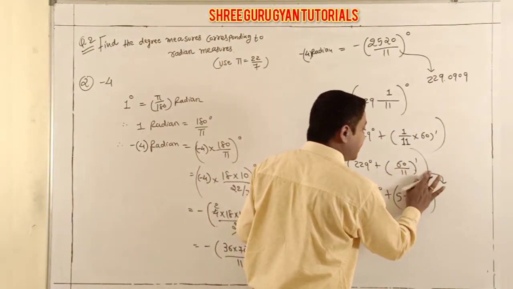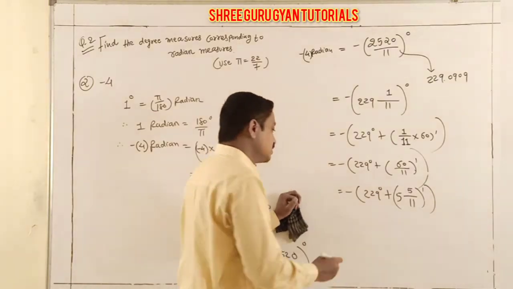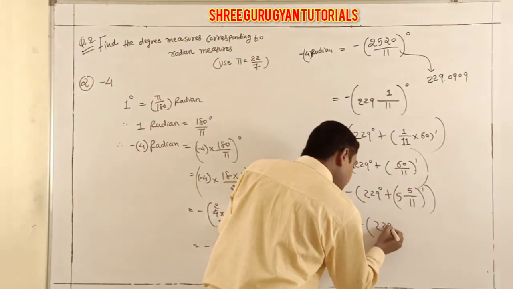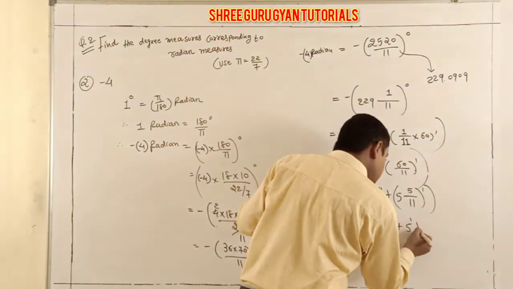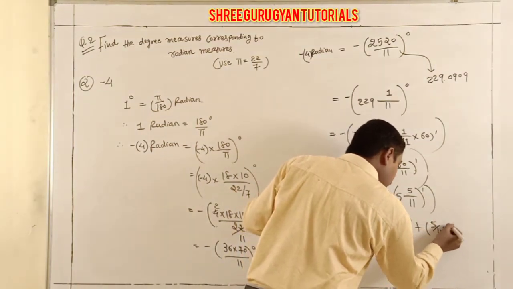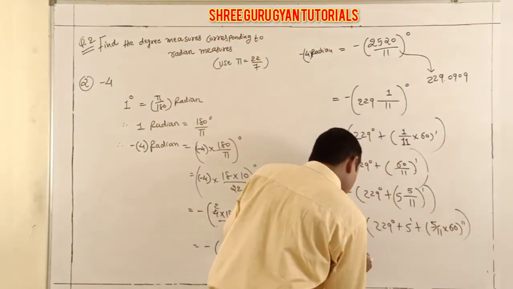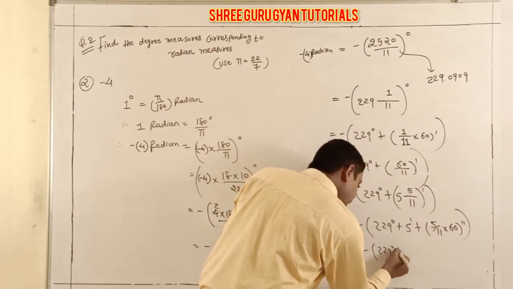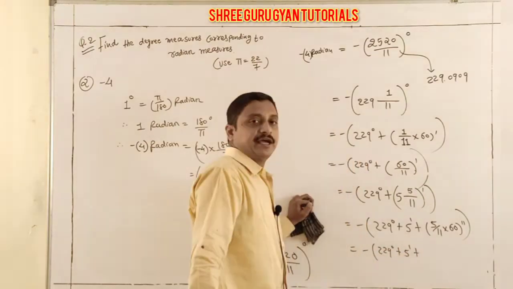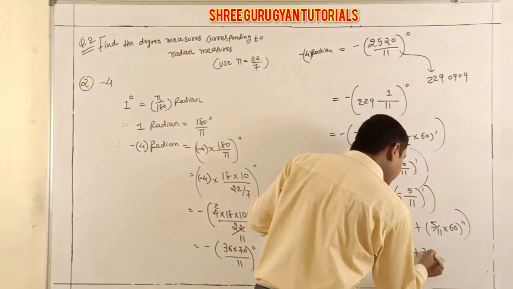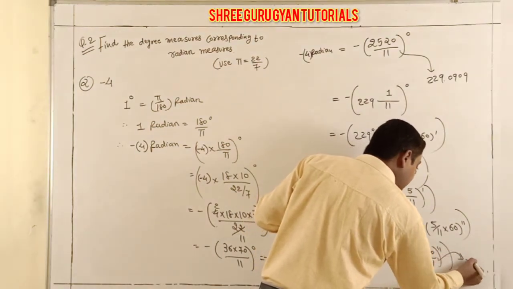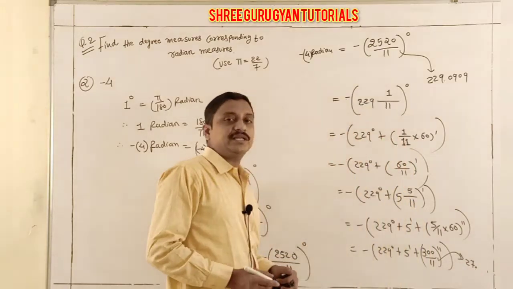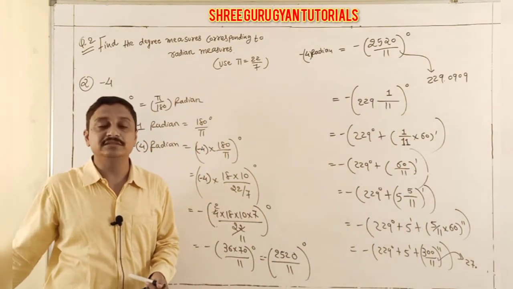If you do not divide there, it is 5.5. So minus 229 degree, 5.5 means 5 point something, plus 5 minutes and 5 by 11 into 60 second. So finally you get 229 degree 5 minutes and 300 by 11 second, and 300 by 11 second is just about 27 point something.